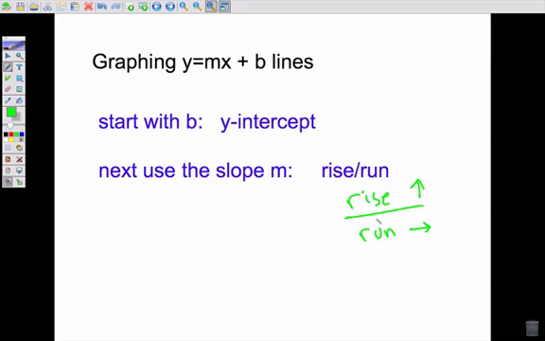Regardless of whether the slope is positive or negative, whether it's 3, negative 3, 100, or negative 100, you're always going to run to the right. I'm going to go over a couple examples for you real quick, and then we'll practice with just graphing some lines like this for now, and then it'll get slightly more complicated.